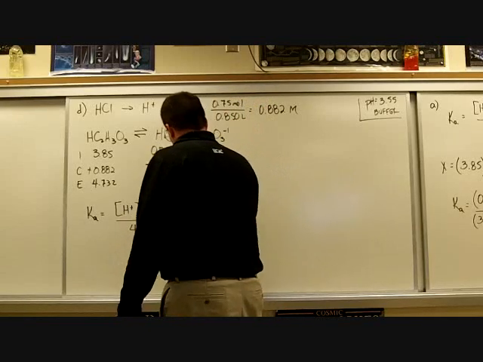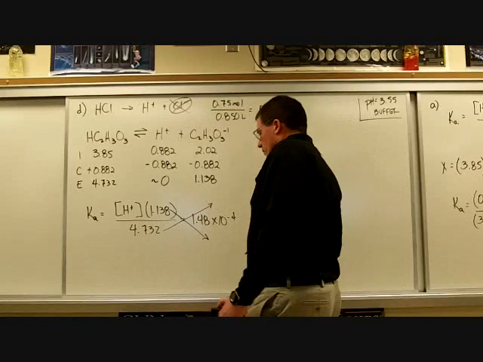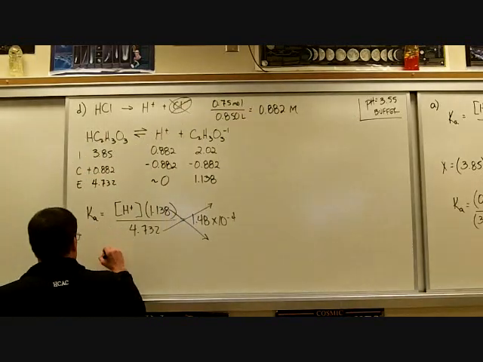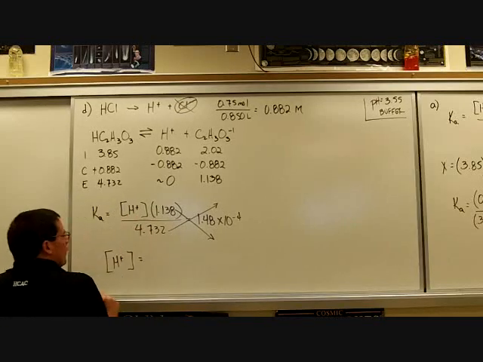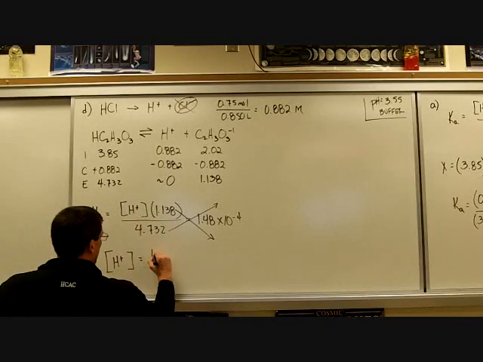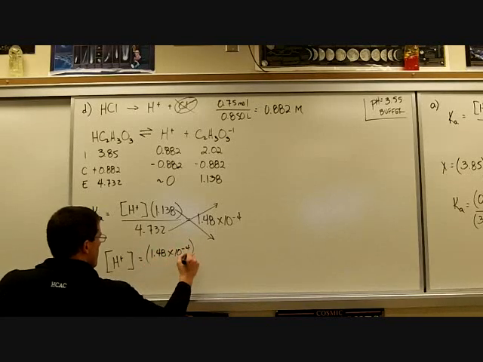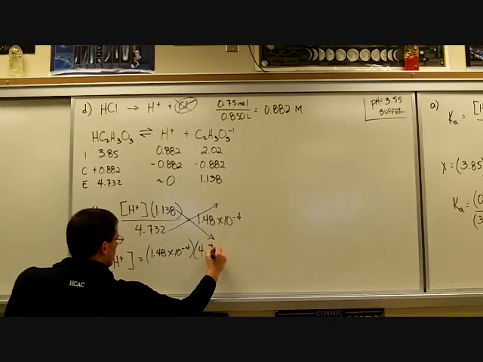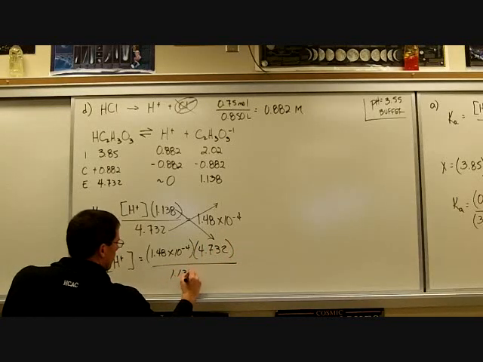So multiply that on both sides, divide that on both sides. And so our hydrogen is equal to 1.48 times 10 to the negative 4 times 4.732 over 1.138.